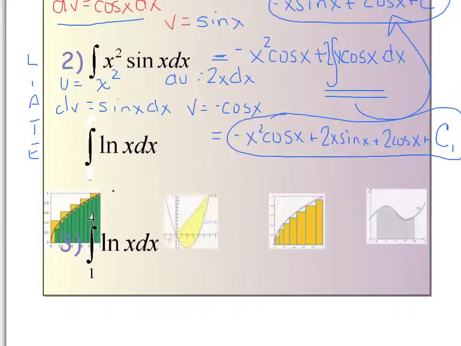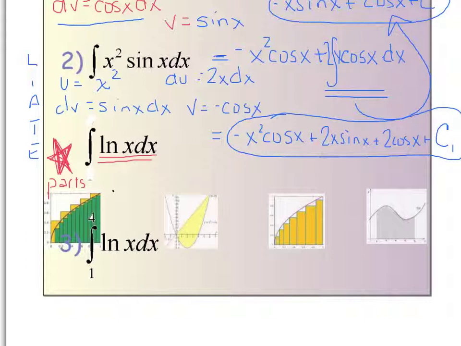Okay, hold on to your horses, because here comes another formula. Because we have not had the integral of ln of x yet, but we will after today. And remember that this lovely thing, even though it doesn't look like a product of dissimilar functions, actually can be done using parts. Just remember that, because you will forget this formula and you may want to rederive it sometime in the near future.